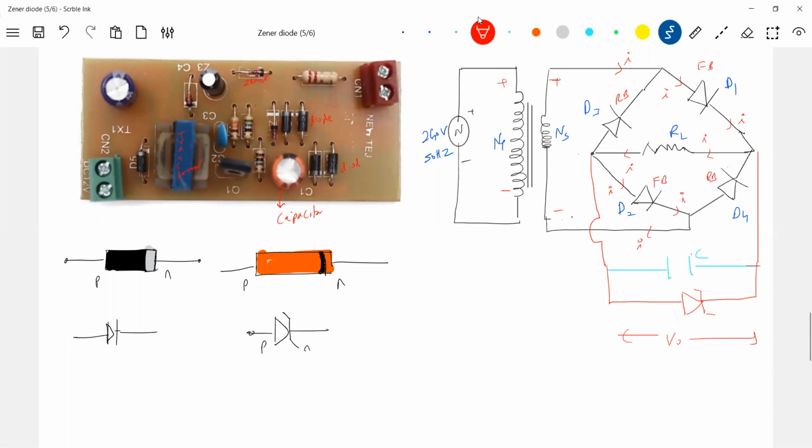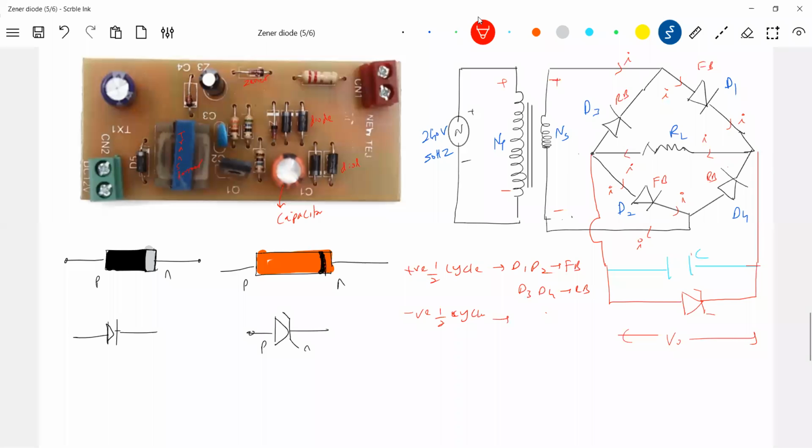Which diodes are forward biased during the positive half cycle? During the positive half cycle, D1 and D2 are forward biased, and D3 and D4 are reverse biased.